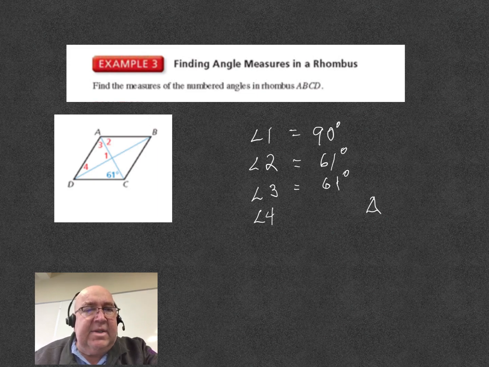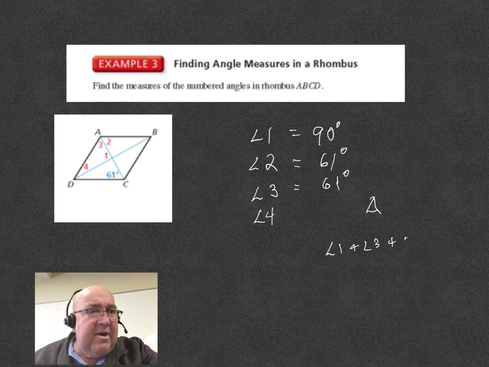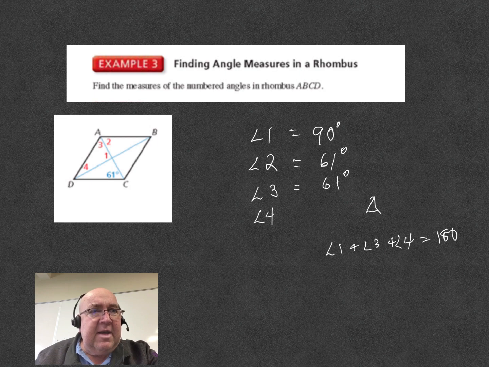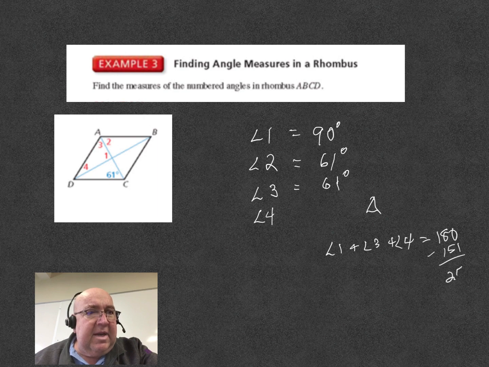So angle 1 plus angle 3 plus angle 4 have to add up to 180 degrees in a triangle. So we know that we're going to subtract 151 degrees, and we're going to get 29 degrees for angle 4.